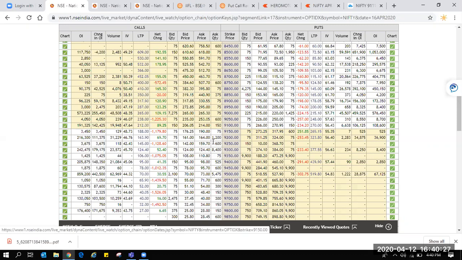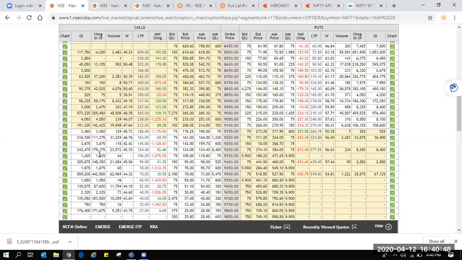Now coming to the 9,300, again we can see 2,42,000, that is open interest, and this is the change in open interest for the same day. The open interest for each strike will change depending on the change in open interest.